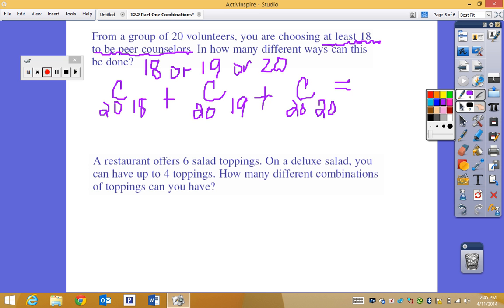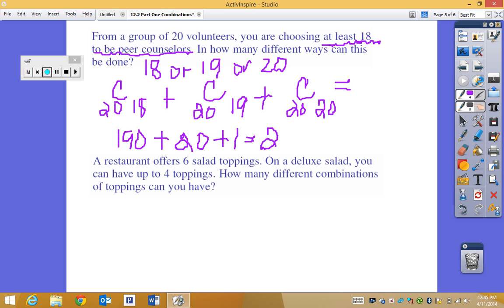So when we calculate, this is 190 plus we have 20 plus 1, which would give us 211 different ways that I can arrange.